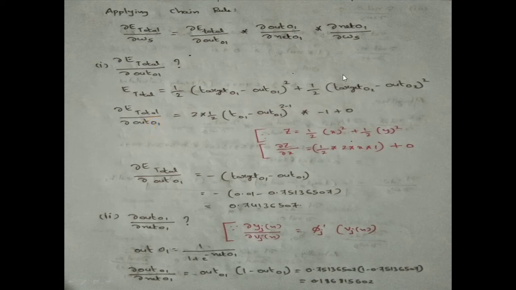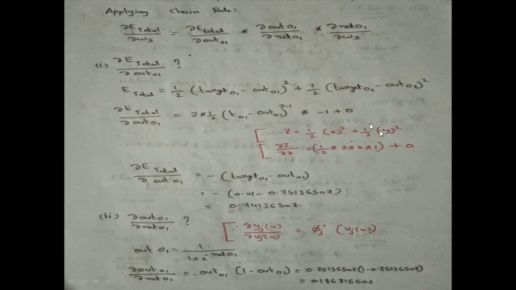So here we do not consider the output neuron 2's value, right? For this reason this complete term becomes 0. So here we got 2 into 1 by 2 into the target value of the output neuron 1 minus the actual value of the output neuron, and for this again the derivative is minus 1, right? So that is the reason we have got minus 1 here. For your convenience I have written here, let us say z is equal to 1 by 2 x square plus 1 by 2 y square.